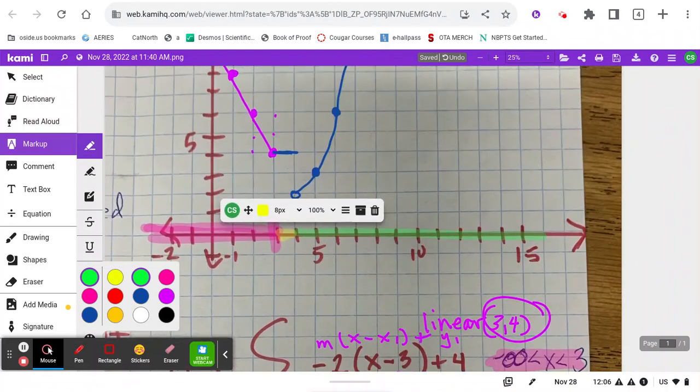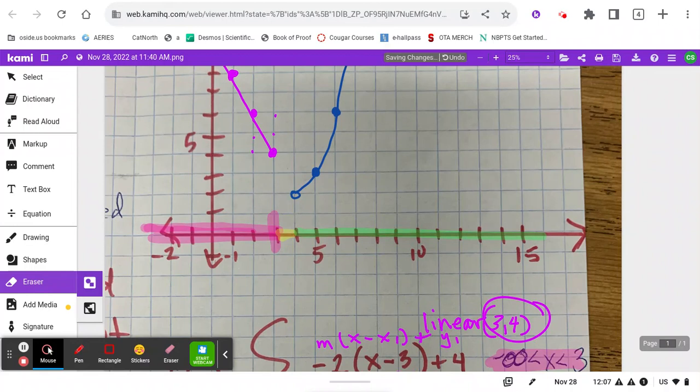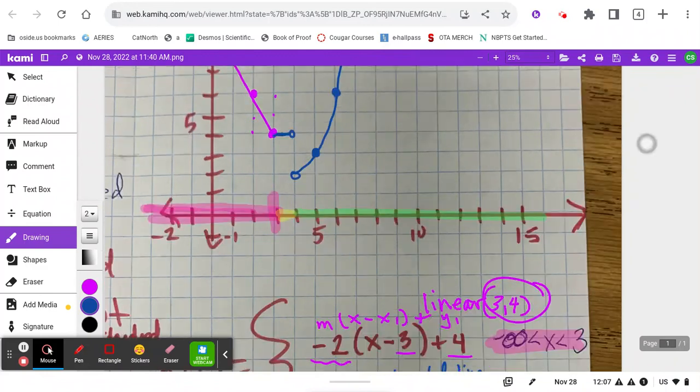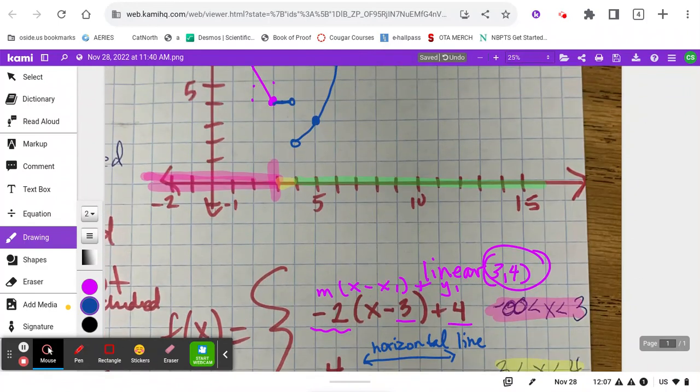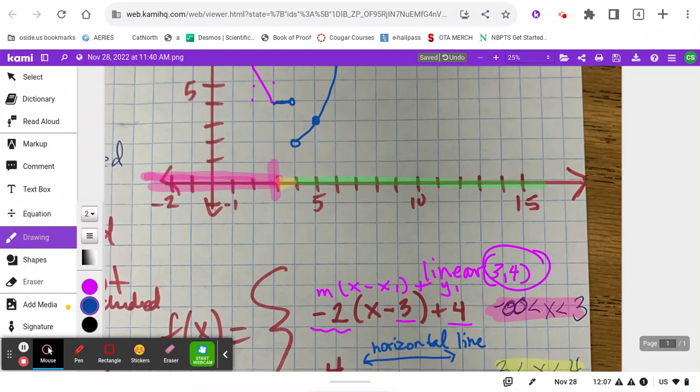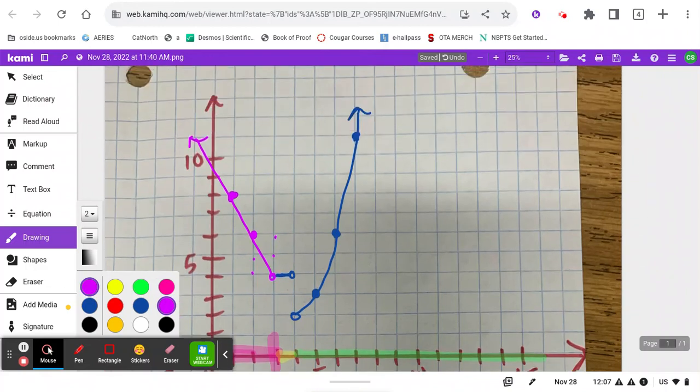Oh, this should be an open dot here as well for this little horizontal piece. This needs to be an open dot. And this needs to be an open dot. We'll talk about the dots, but there it is.